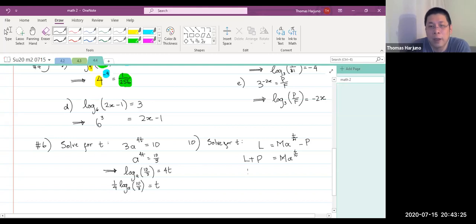And then divide by m. So that's a to the t over n. Now I change into log form. Log base a of the argument, which is the answer there, equals the exponent.